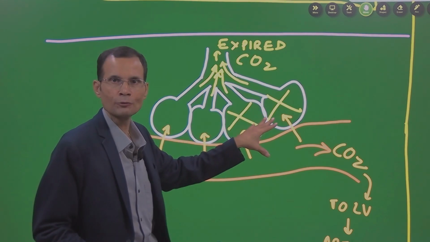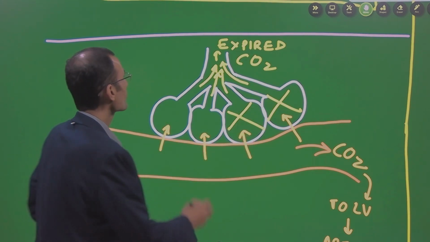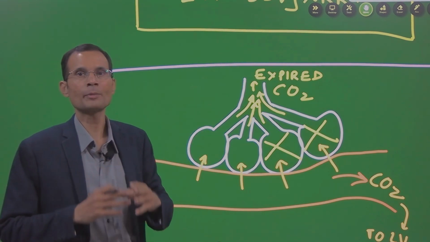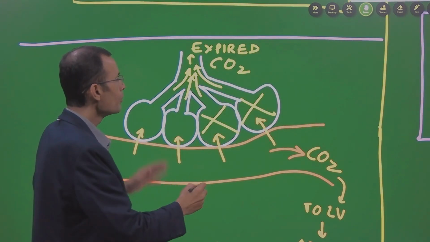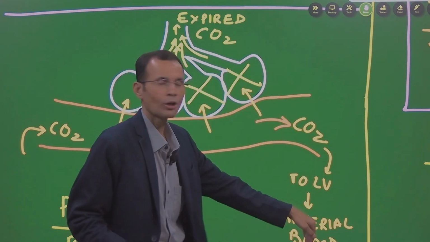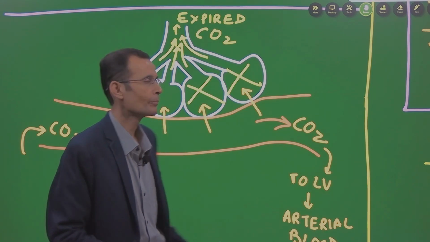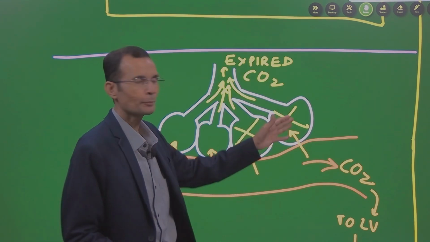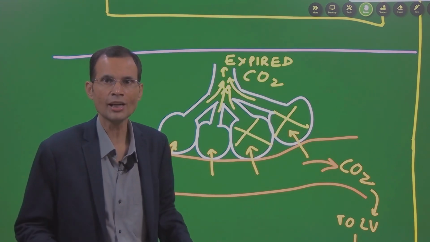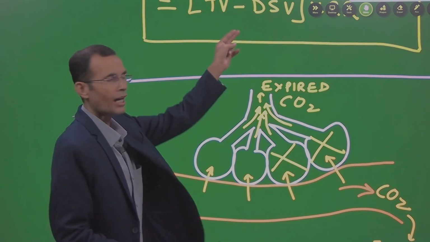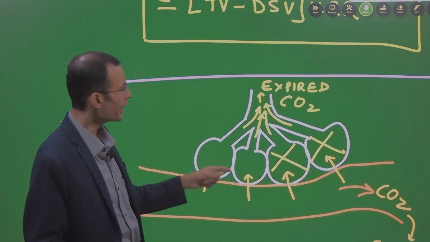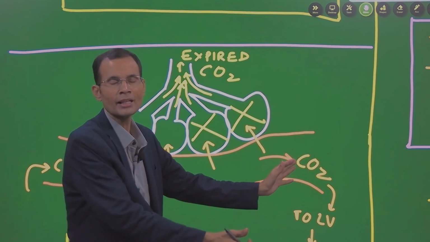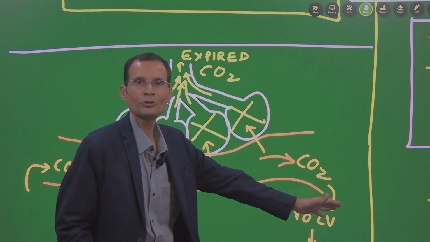Because of the dead space volume, less carbon dioxide is coming in the expired air, and relatively more carbon dioxide is reaching the arterial side. Why is this happening? Because the dead space is not taking part in gaseous exchange, less carbon dioxide comes in the expired air, and the remaining carbon dioxide goes to the arterial side.